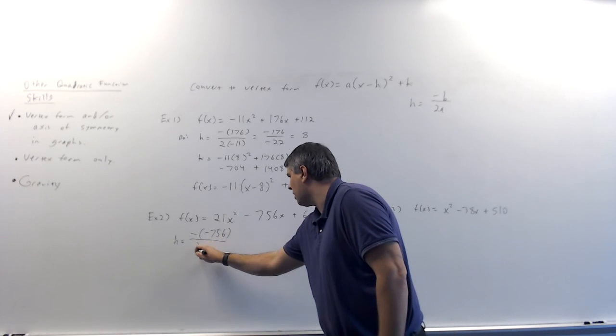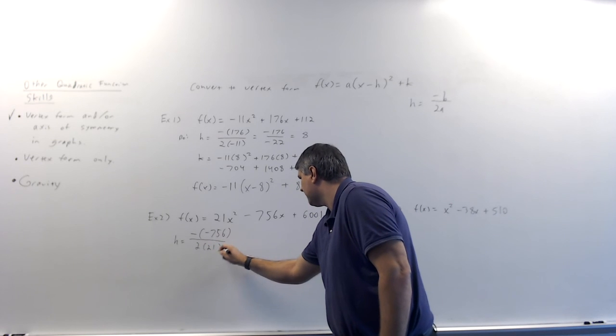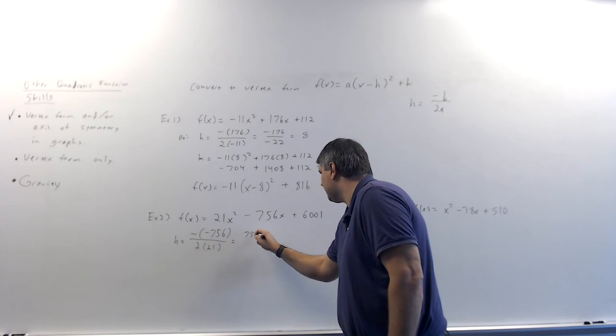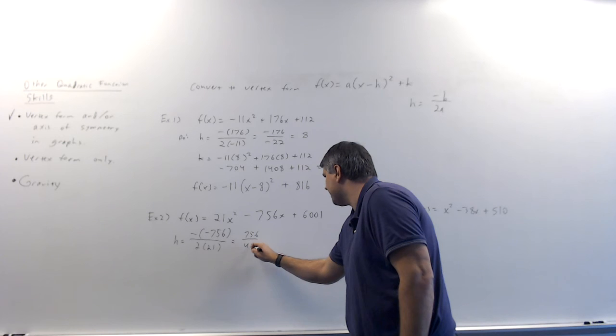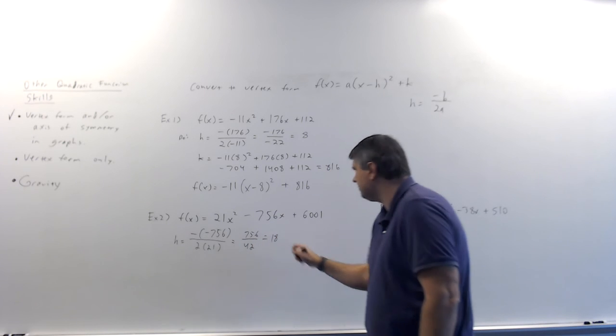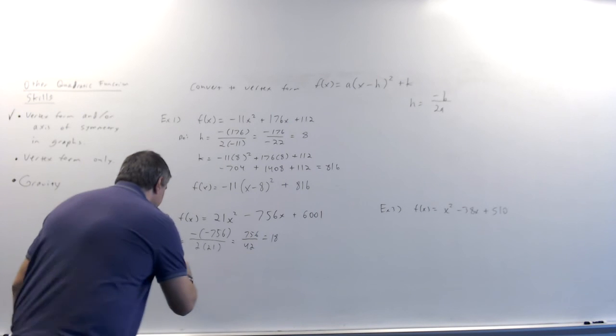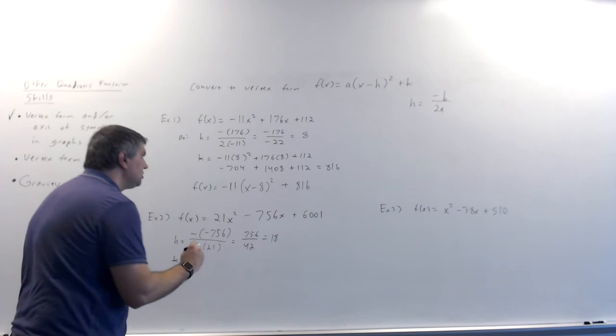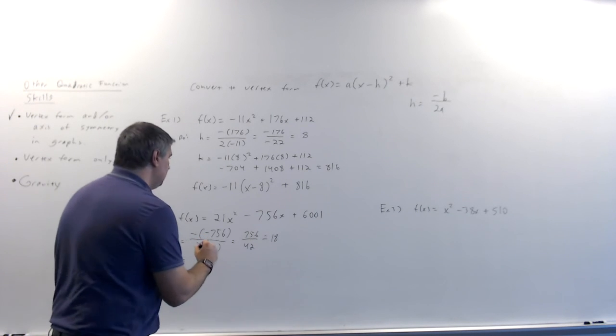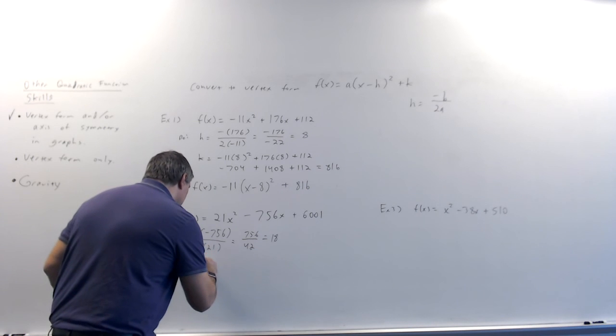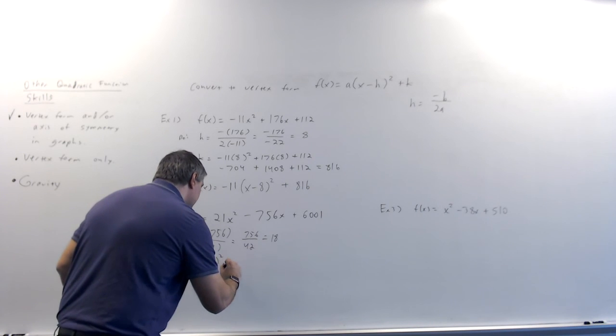I'm going to change this to 6001. Okay, so here goes. H equals negative, b is negative 756, over 2 times 21.